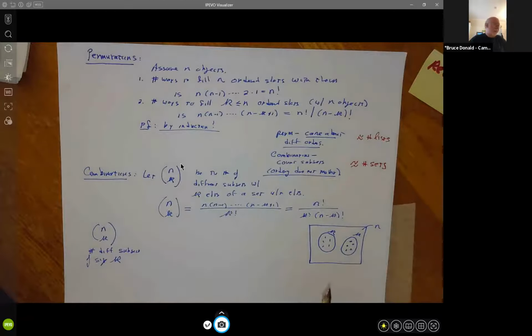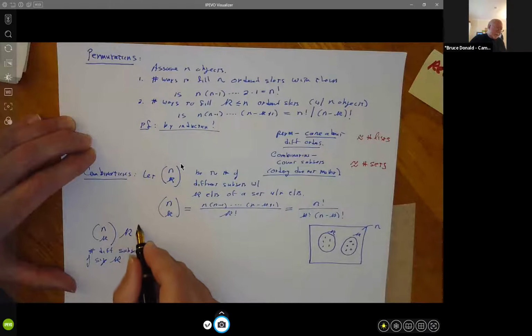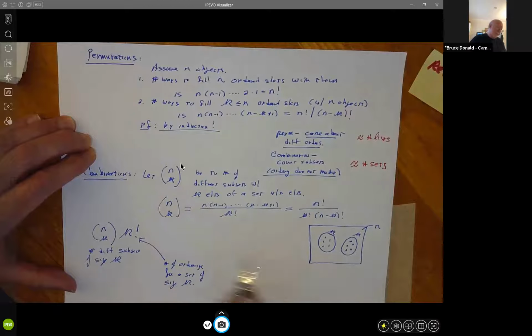So there are going to be k factorial ways of ordering it. So we can imagine taking this and multiplying it by k factorial. Why k factorial? This is the number of orderings for a set of size k. And this is simply equal to n times n minus 1 down to n minus k plus 1.